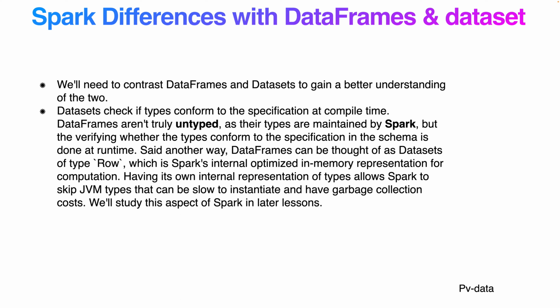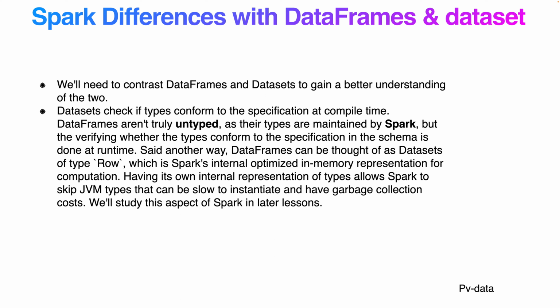So what is the difference between DataFrames and datasets? We need to construct our DataFrames and datasets to gain a better understanding. Datasets check whether the types conform to the specification at compile time. DataFrames are not truly untyped, as their types are maintained by Spark, but verifying whether the types conform to the specification in the schema is done at runtime.